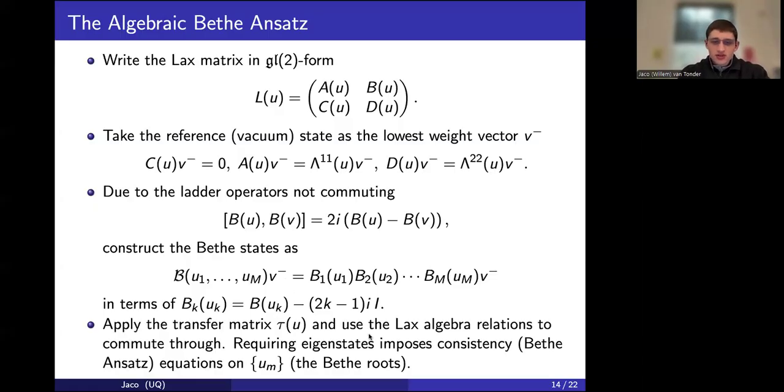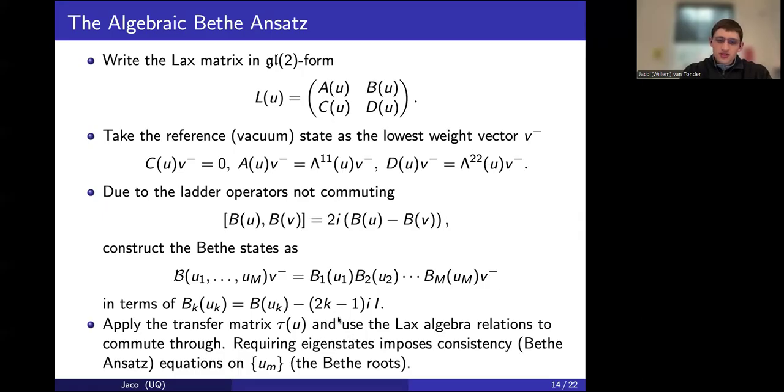Then lastly, to obtain the actual eigenstate, we simply apply the transfer matrix to this Bethe state, and then use the Lax algebra relations to commute through, so that we can apply, say, the lowering operator and the diagonal operators onto our lowest weight vector.